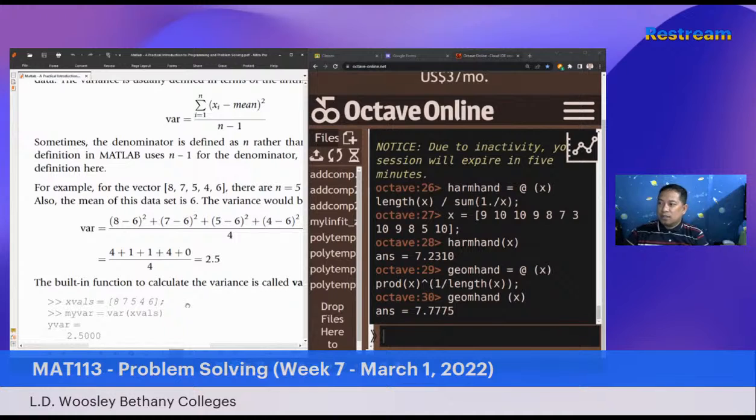So for MATLAB, we have a built-in function called var. Ayan, pwede natin ma-compute yung variability niya.